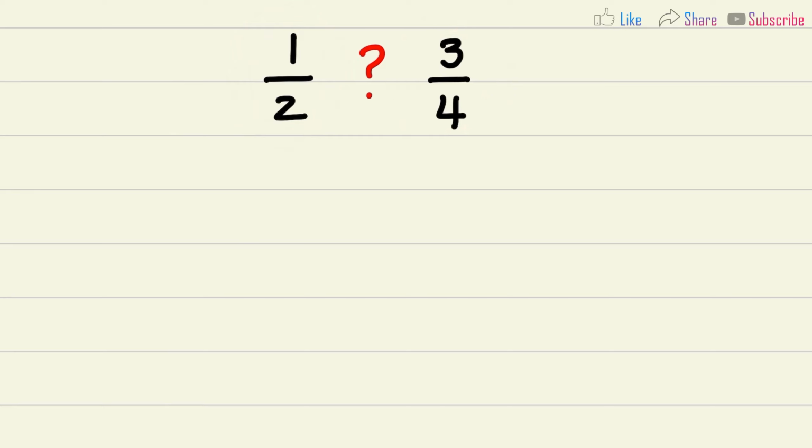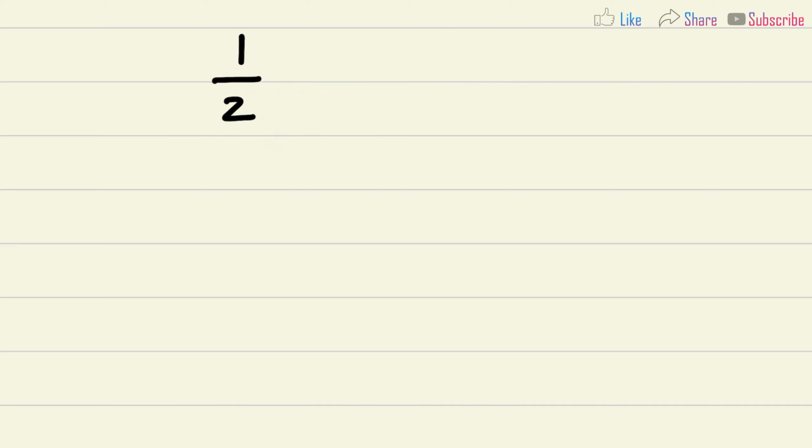And the easiest denominator to change is to change the half. So what I can do is change the denominator to 4 by multiplying it by 2. And in fractions, what I apply in the denominator, I will apply in the numerator.